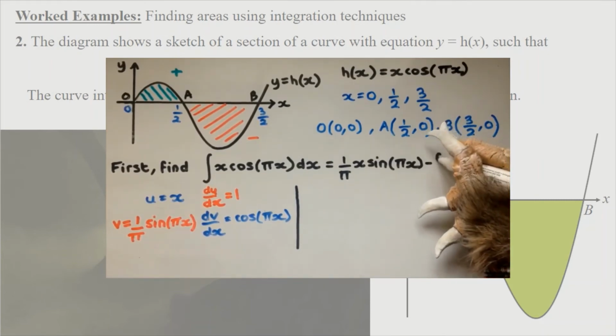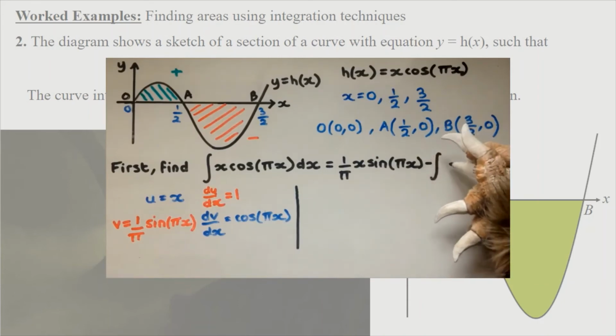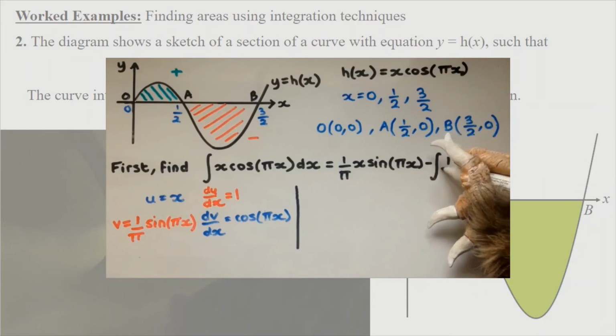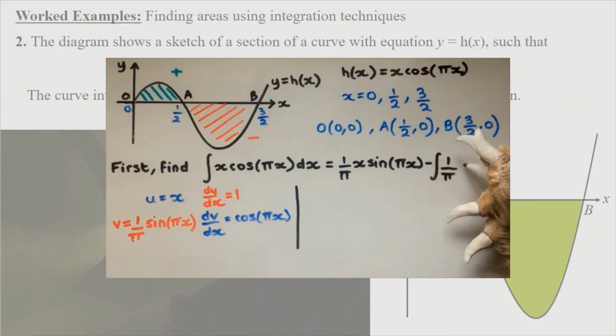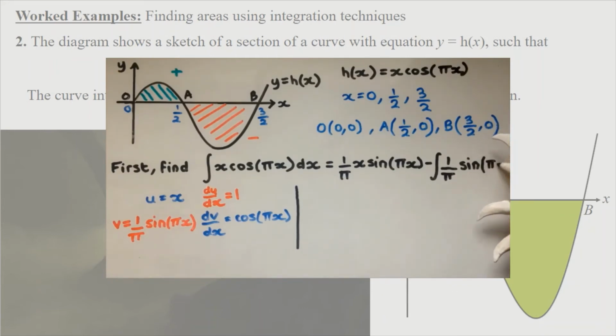So that's going to be the integral. du by dx is 1. So it's just going to be 1 over pi sine of pi x. I've just run out of room, haven't I? I'll put my dx there, like that.